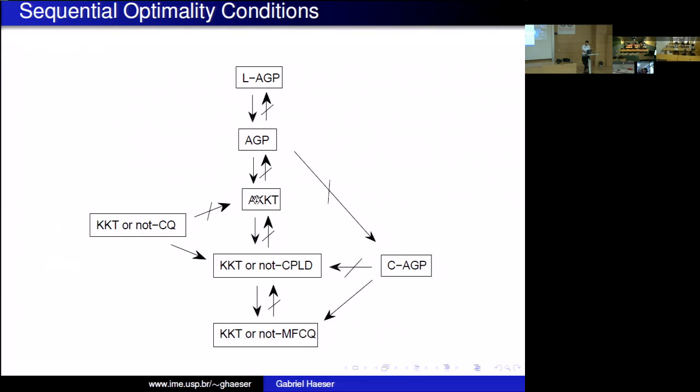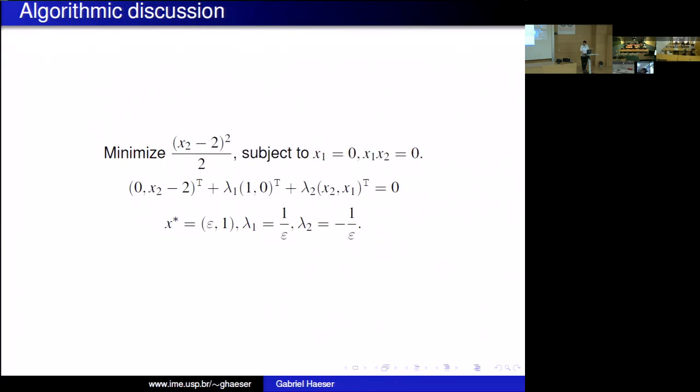If you look at this implication, you see that optimality conditions of this kind are better than optimality conditions of this kind. So if you have an algorithm that says that under this constraint qualification I have a KKT point, and I have an algorithm that says I generate approximate KKT points, my algorithm is better. Okay, it's at least as good as yours.